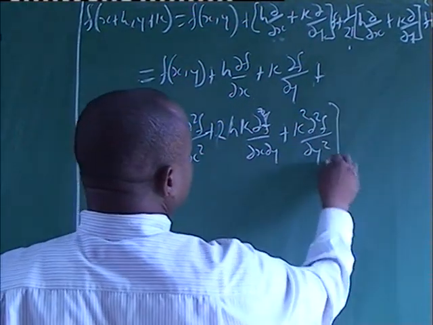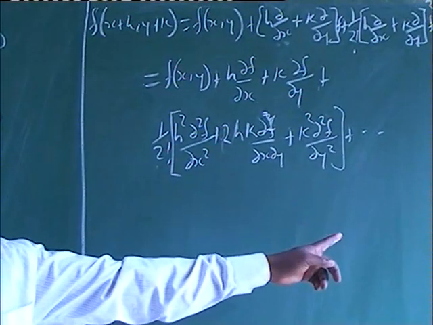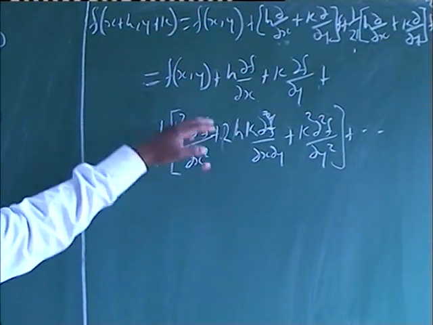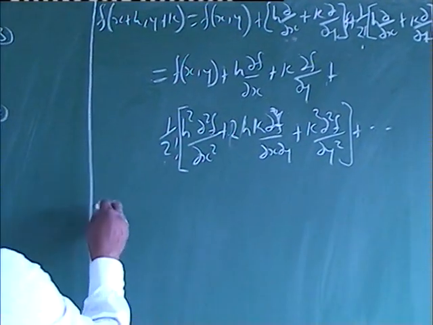Let me put this so that this 1 over 2 factorial multiplies all of them. Let me change this partial again to the original state that we have.